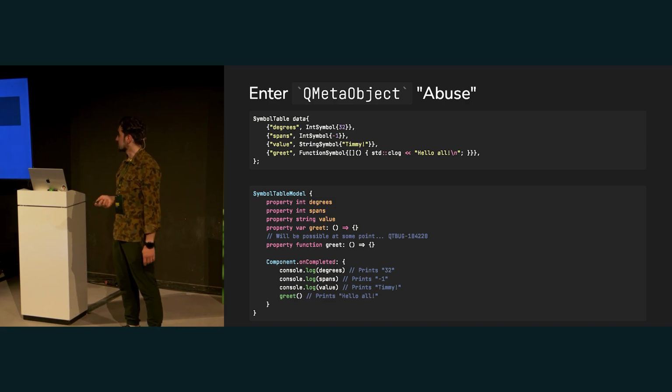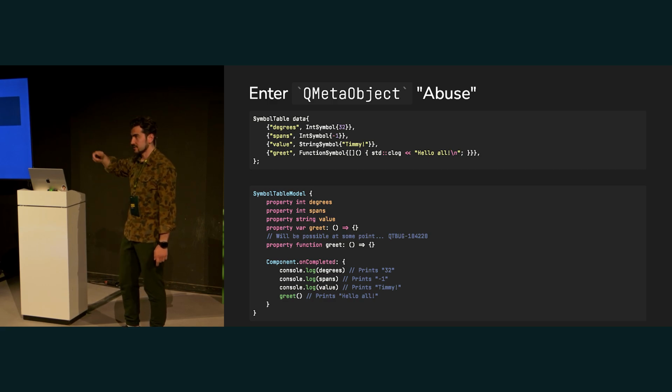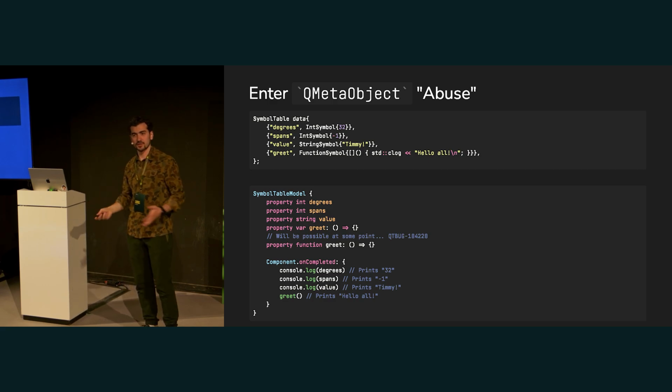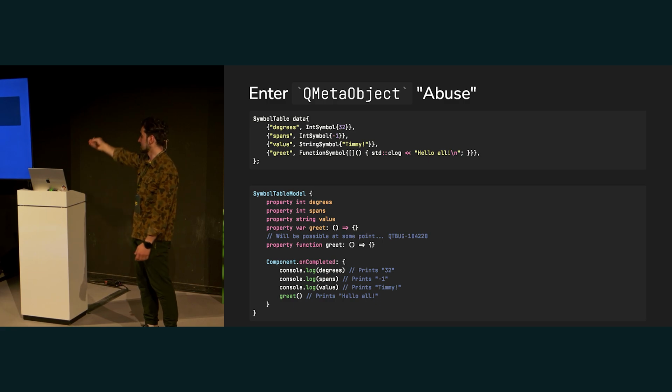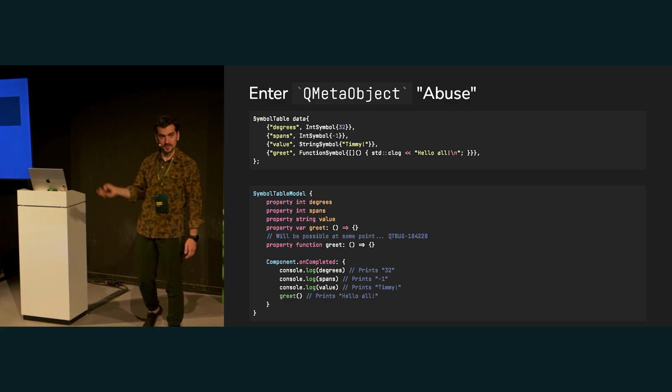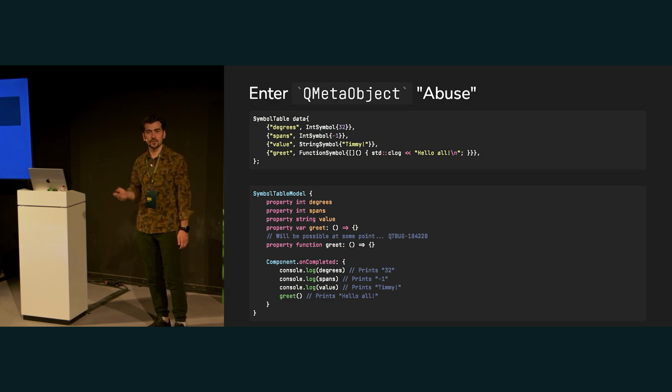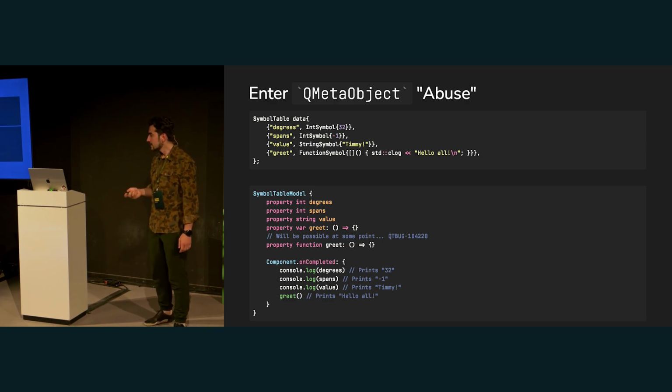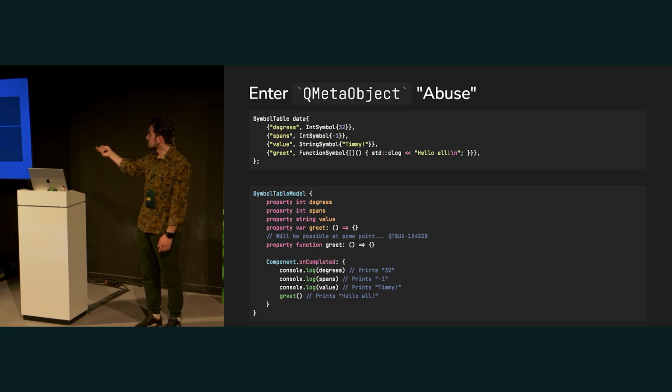We have a symbol table with a bunch of data inside, which could also, because everything is data in software development, right? We represent everything with data, and then we can represent a menu with another symbol table that can contain other things inside, and we can interpret it in the way that we want. And in the QML side, we have actually a lot of good types that we have an equivalent of in the C++ side.